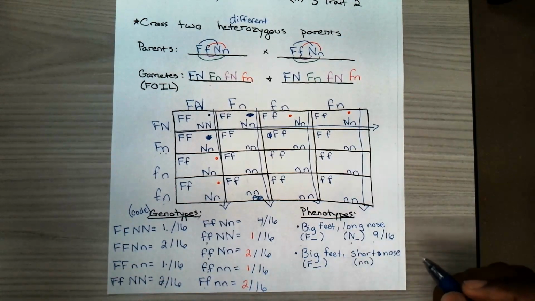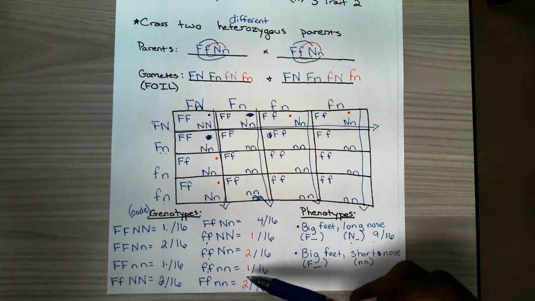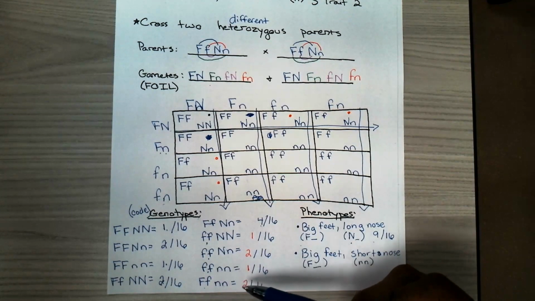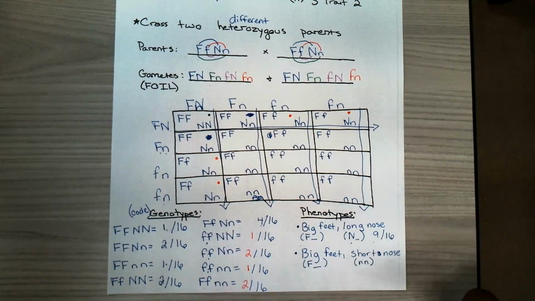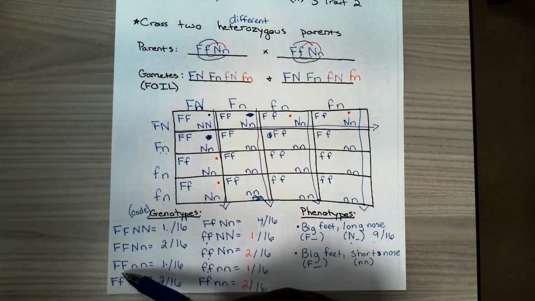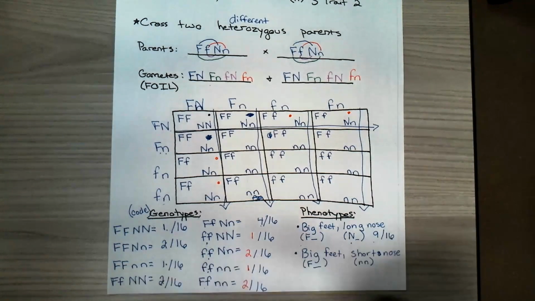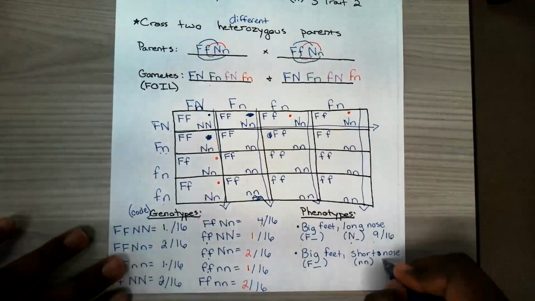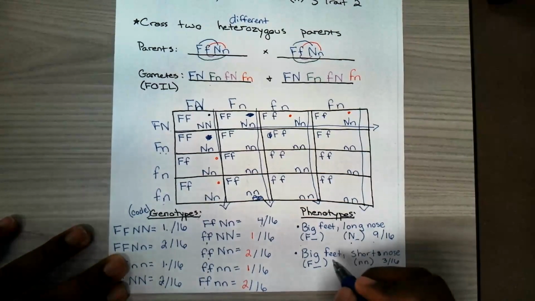The only one that we have that has that is here. So we got a big F, two little N's. That's two. And then we have another one here with big F, two little N's. So we have a 3 out of 16 shot.